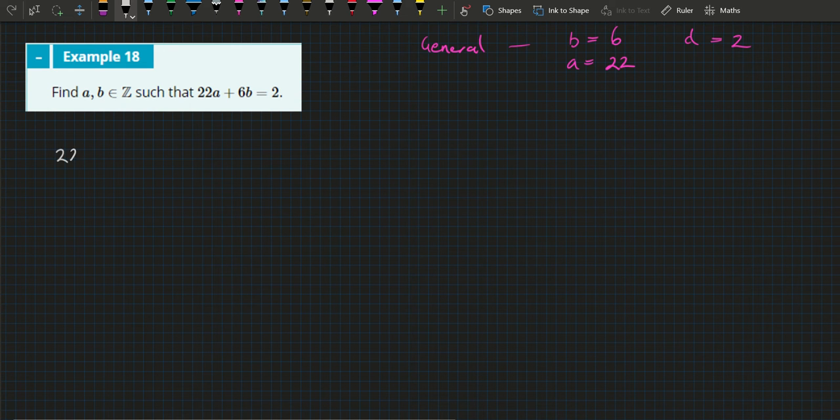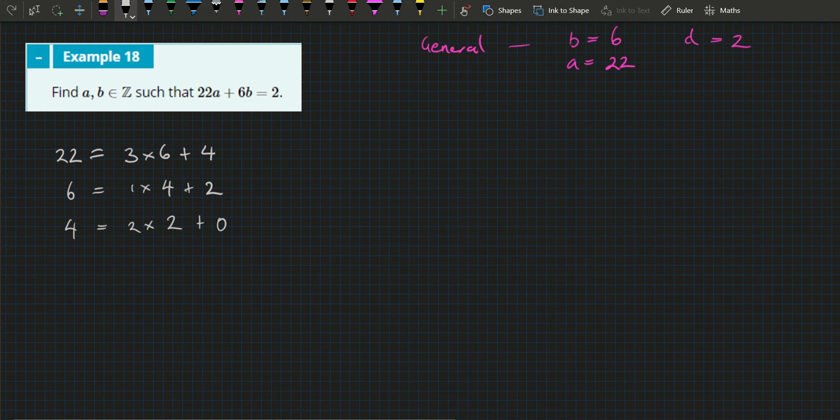So we start off with 22 is equal to 3 times 6, 18, plus 4, and so 6 is equal to 1 times 4 plus 2, and 4 is equal to 2 times 2 plus 0.